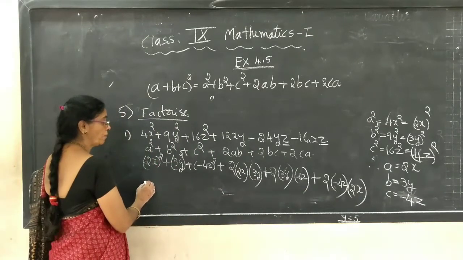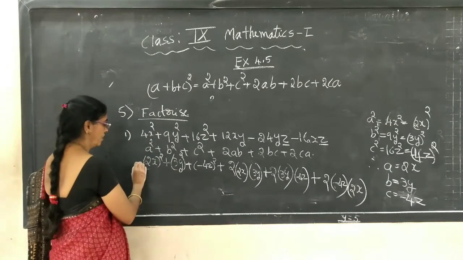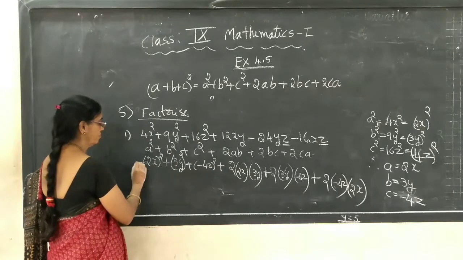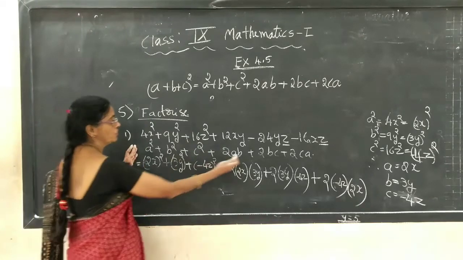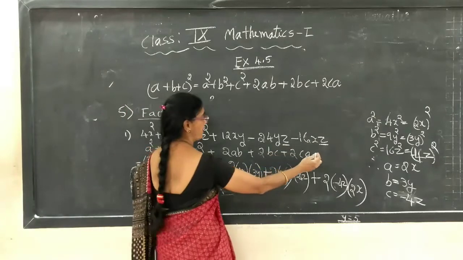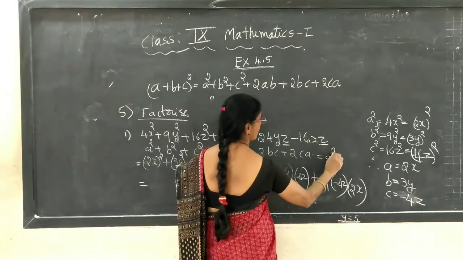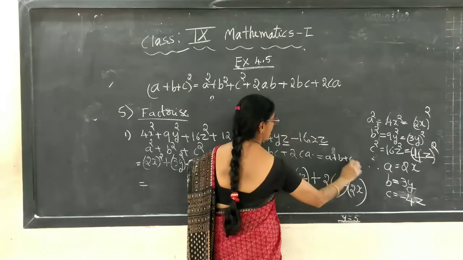So the given problem is equal to, in this pattern, (a plus b plus c) whole square.